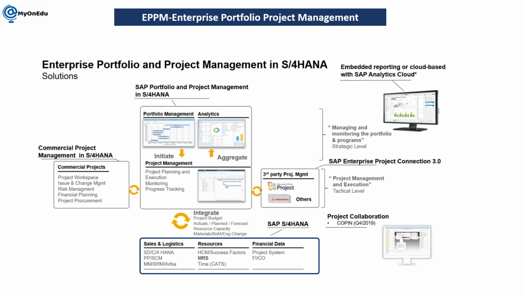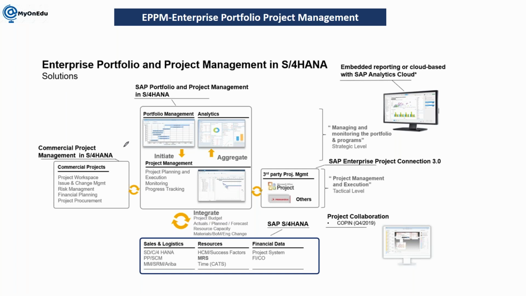Okay, and that was the latest ESP8, and after that ESP8 we moved to S/4HANA. So here now in S/4HANA, SAP project system, SAP investment management, SAP portfolio project management, SAP commercial project management, and SAP enterprise project connection. All these modules come within EPPM. Okay, so when we say I'm an EPPM consultant, it means you should have knowledge of all these modules.